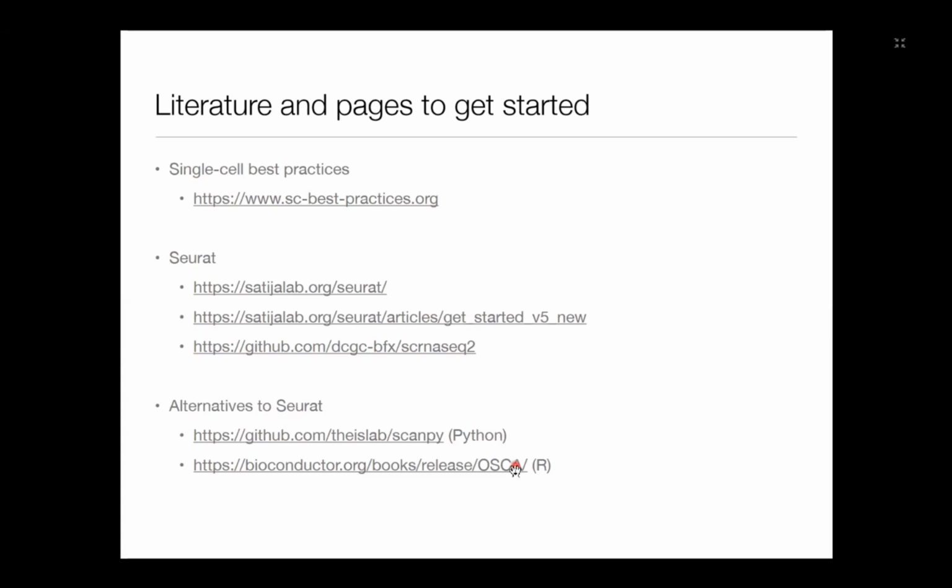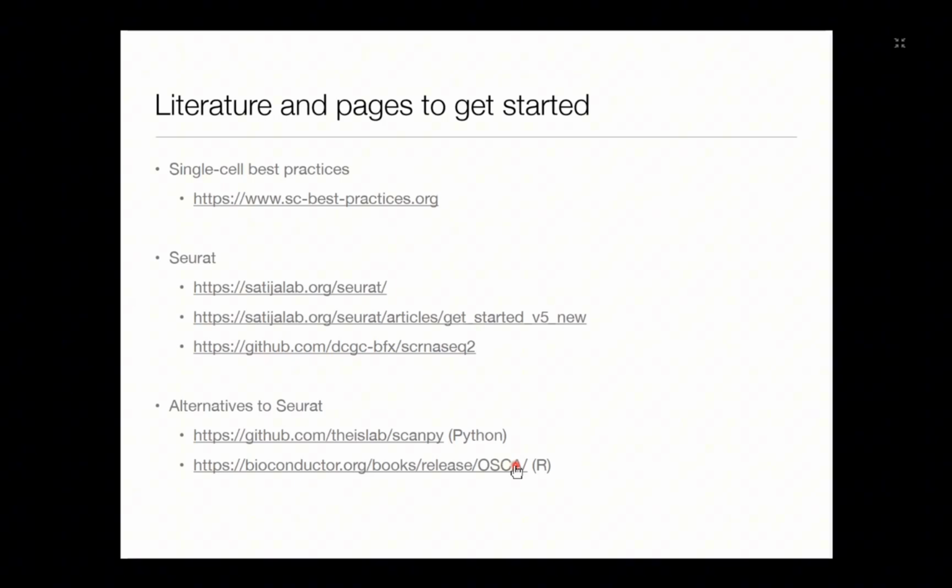If you're a beginner, especially in R, then Seurat offers a lot of tutorials where you can get started with. So I quite like that. In our group, we also wrote scRNA-seq 2, which is like a wrapper around Seurat, where we added a lot of documentation and a lot of visualizations in addition. And that's on GitHub if you would want to contribute or use it.